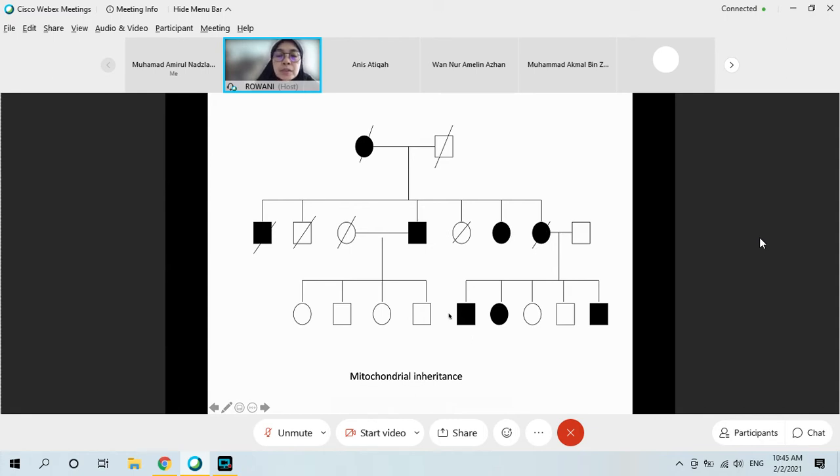If you look at this pedigree, you will see that the mother will transmit the disease to the child, whether it is a boy or girl. But a father cannot transmit the disease to the children because his sperm contains too few mitochondria to contribute any disease.